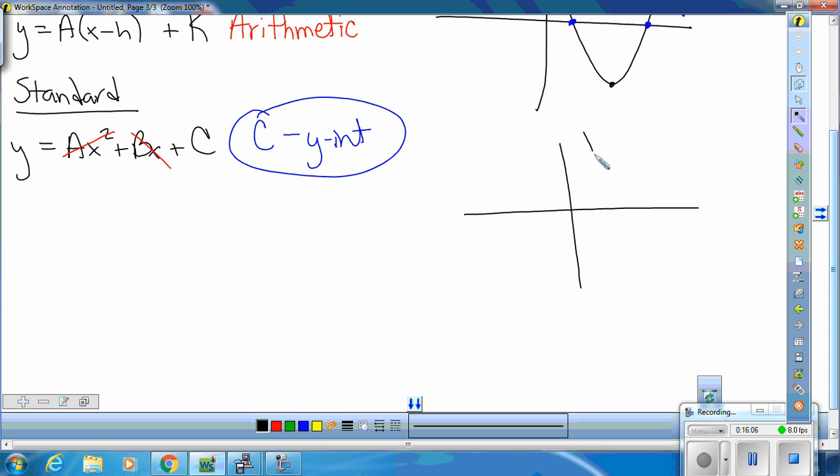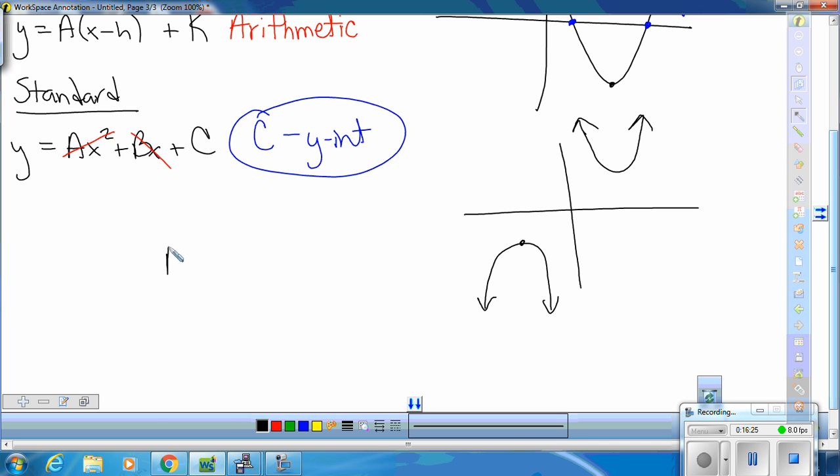So if I have a parabola that's up here, it's never going to make it to the x-axis, and it's not going to have x-intercepts. If I have a parabola that starts down here and goes down, it's never going to cross the x-axis or have any x-intercepts.